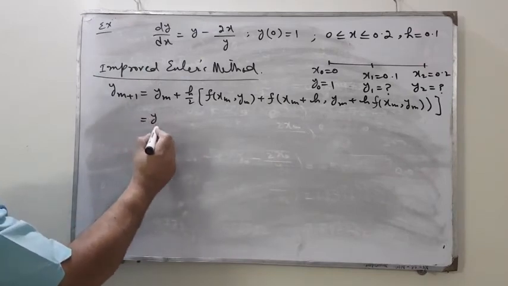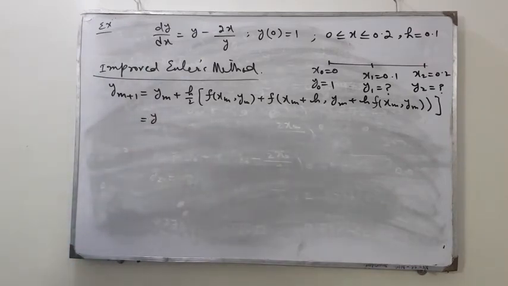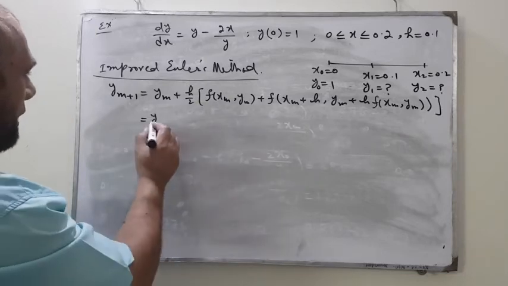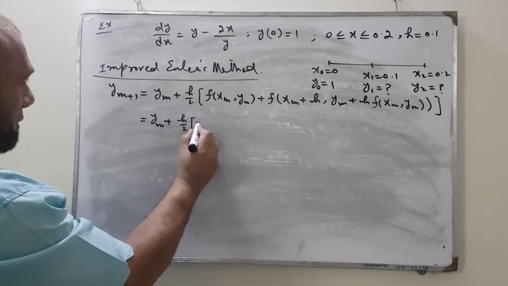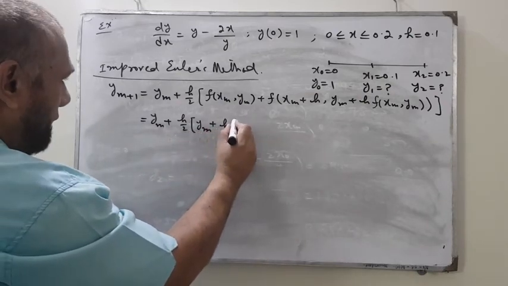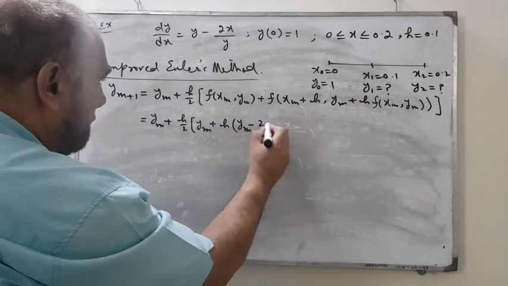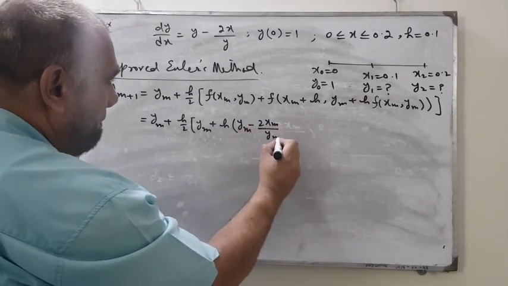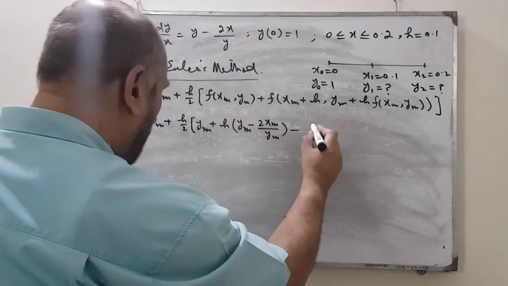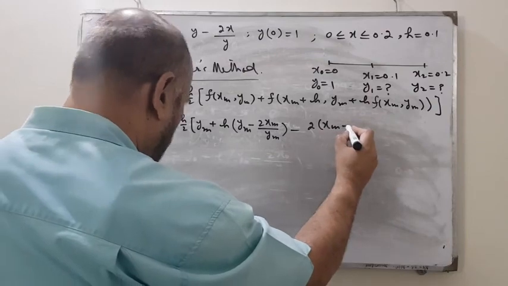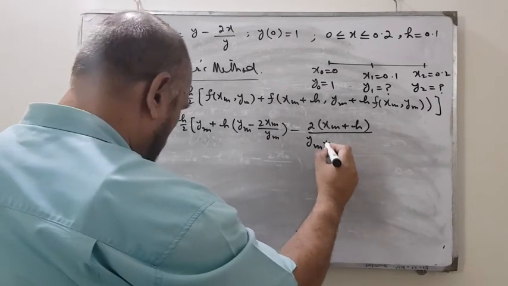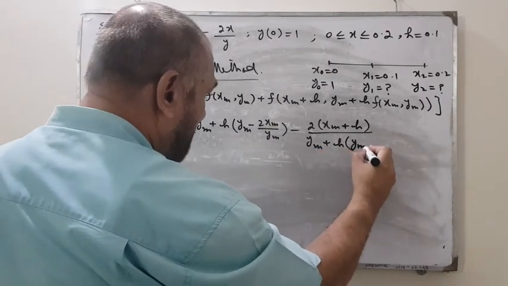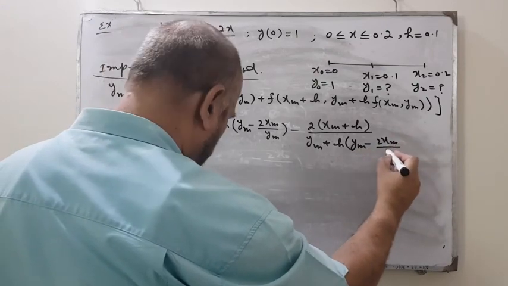So the ultimate form, after replacing the functions into the format, gives the recursive relation ym plus h by 2 times [ym minus 2xm over ym plus the quantity ym plus h times ym minus 2xm over ym minus 2 times xm plus h, whole divided by ym plus h times ym minus 2xm over ym].